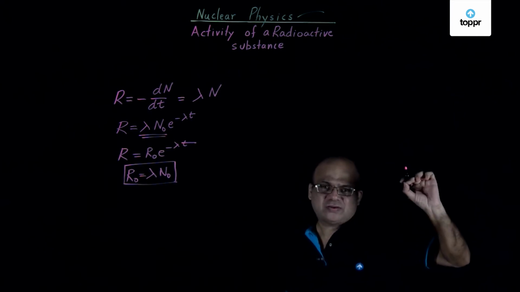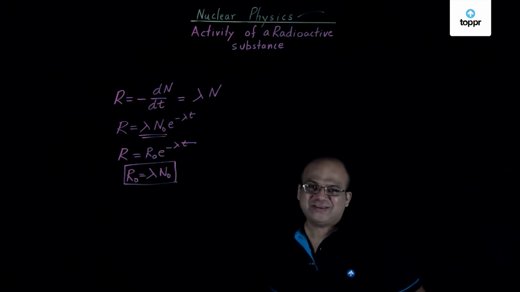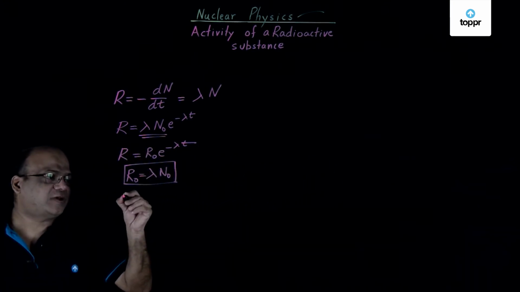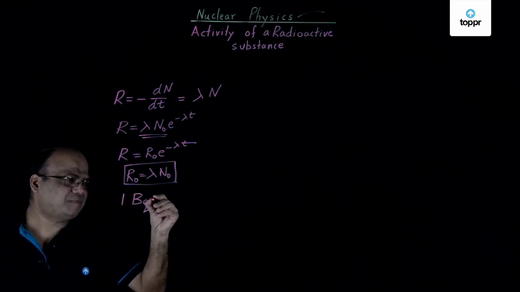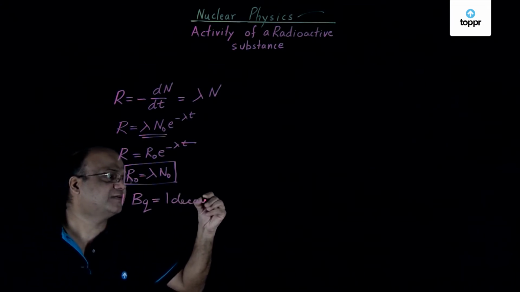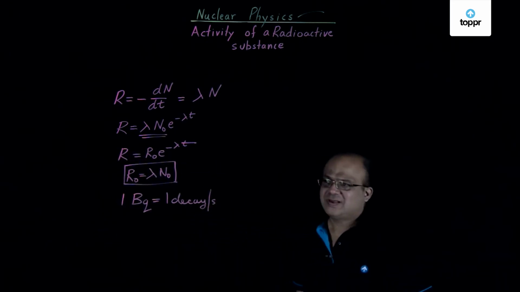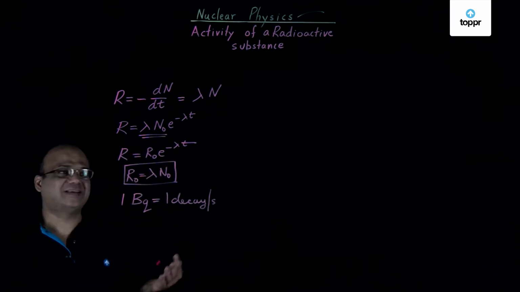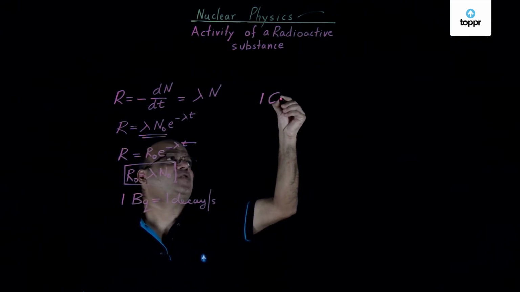The SI unit of decay rate is becquerel, named after the person who discovered radioactivity. So, becquerel is the SI unit. This becquerel is nothing but 1 decay per second. The other units which are not SI but are there again for historical reasons: 1 curie.